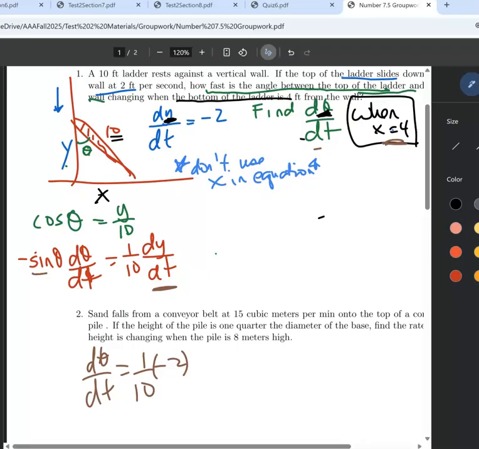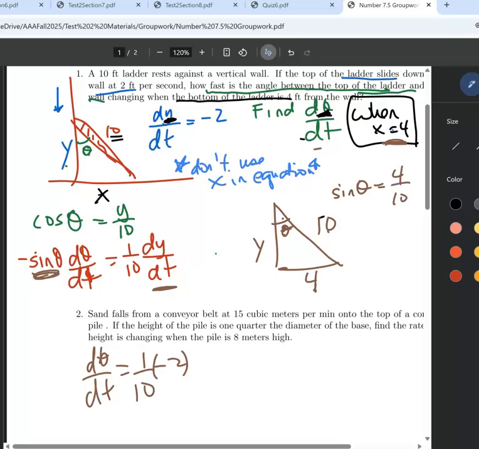Oh, I don't know what sine is. Let's put in our 4, and I'm just going to put it in the picture because sometimes that helps better. So here's x, here's my theta, there's my y. Hey, wait a minute. If that's my angle, don't I know that sine of theta is opposite over hypotenuse? Will you look at that?